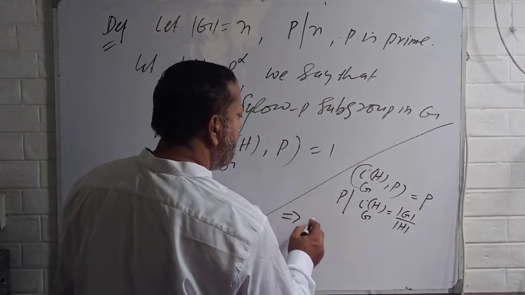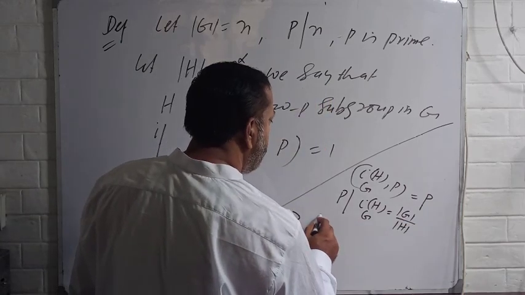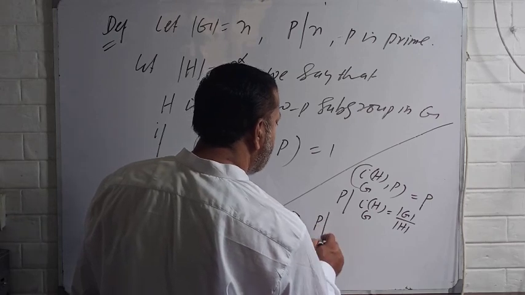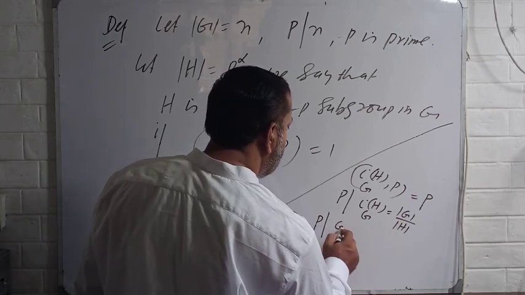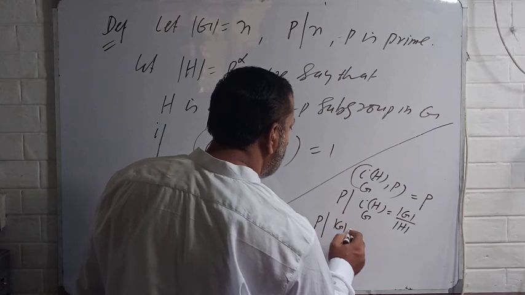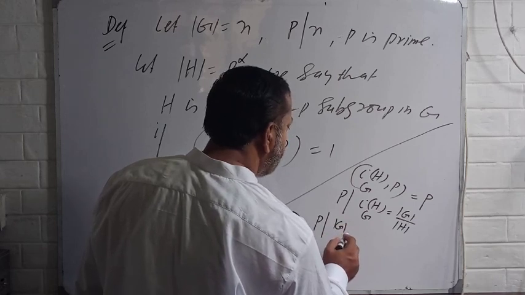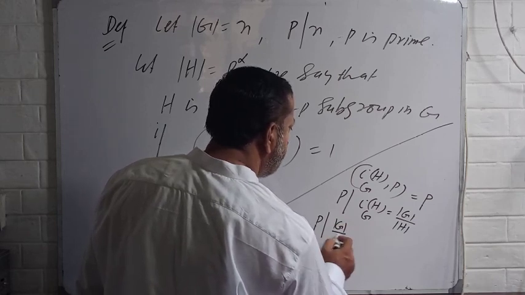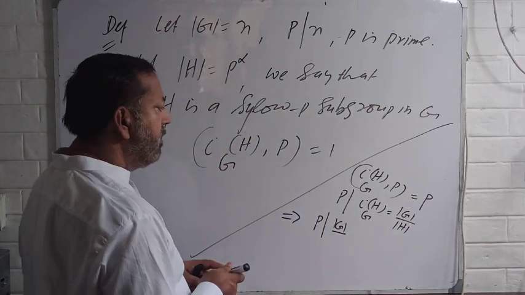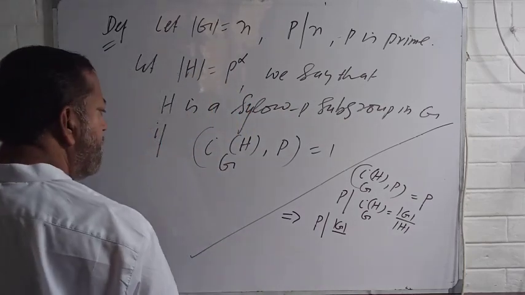So this implies that p will divide order of G by order of H. We can write it like this.